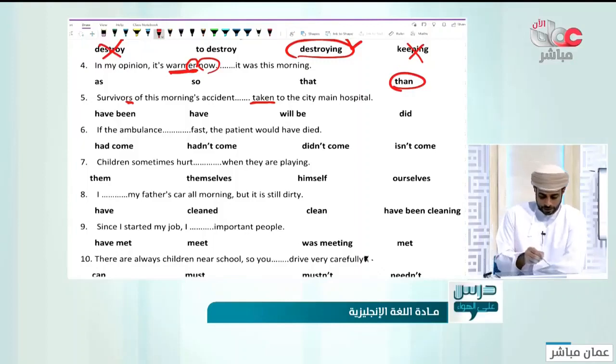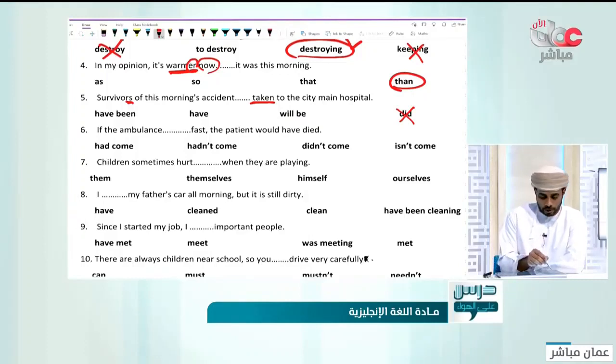So have been taken, yeah, it could work. Have taken, it could work. Will be taken also could work. And did taken, no. So this one is not working. So let's see. Have been taken or have taken. Do we need in here a passive voice or an active voice?